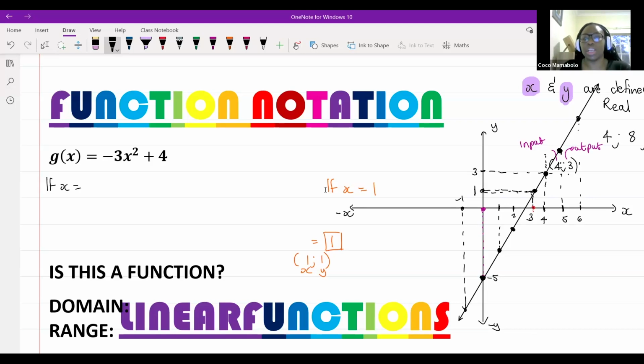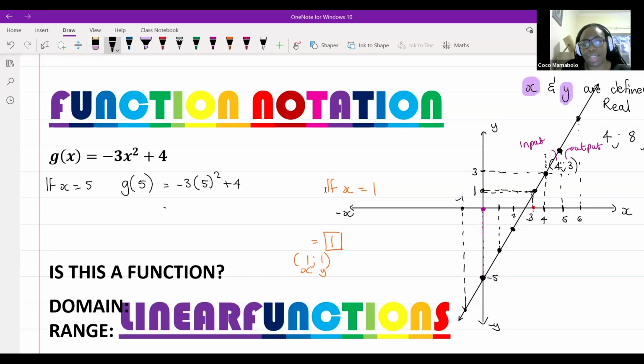5. Excellent. So we know that if x is equal to 5, the graph g at the point 5 will give us a y value of something. Our input is 5. What would our output then be? Wherever we see an x, we're going to replace the x with 5. We're going to go -3 times, open brackets, 5 squared plus 4.